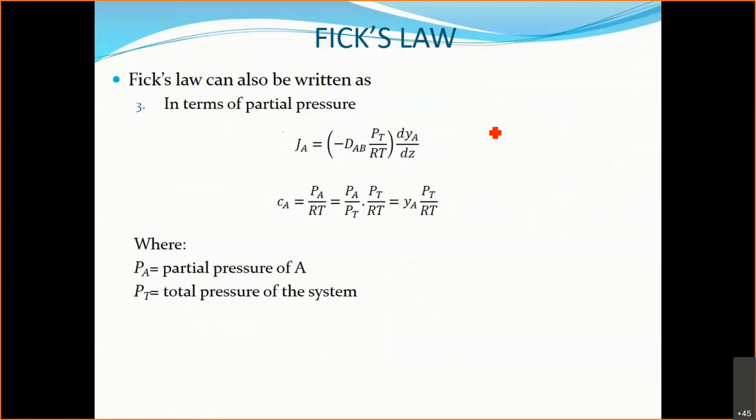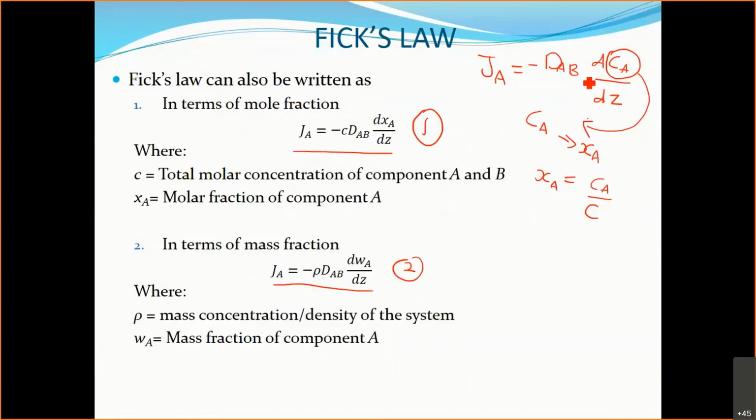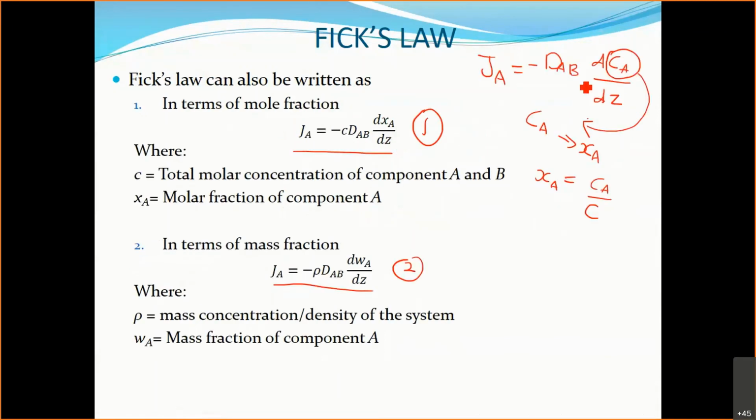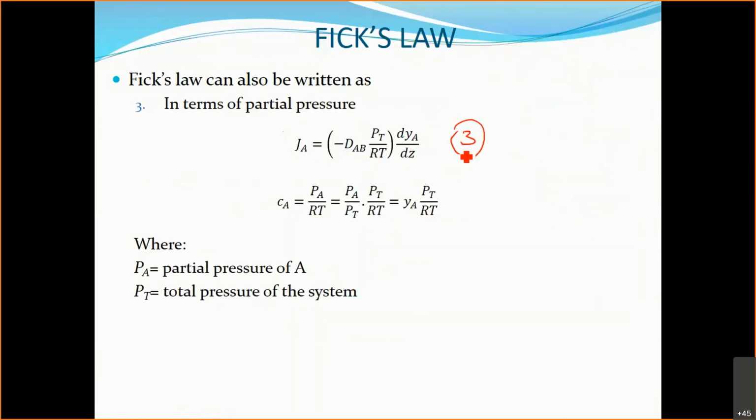This one is the third. So you must be able to change from this dCA term to get your dXA, dWA, and dYA. How do you do that? You can use all the relationships that we discussed previously. Please go back and try to get these 3 equations.